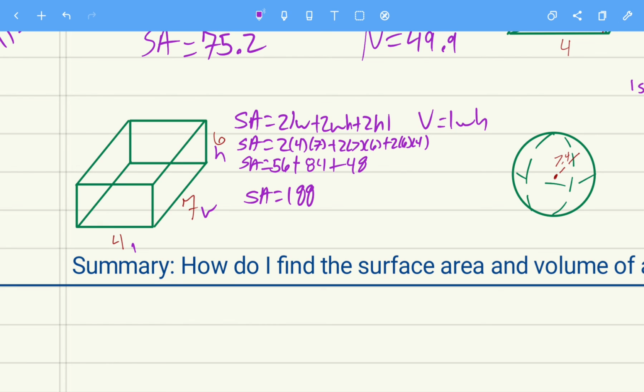Add that together, we get 188. Now let's do the volume. Volume is length times width times height. So we get 4 times 7 times 6, which is 28 times 6, which is 168 units cubed. And we got our surface area and volume.